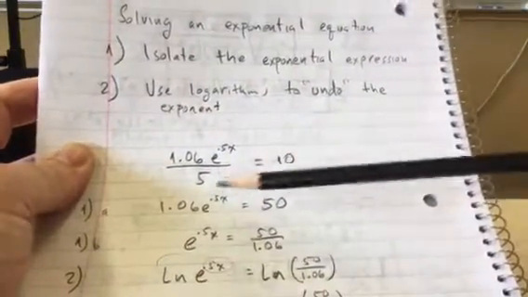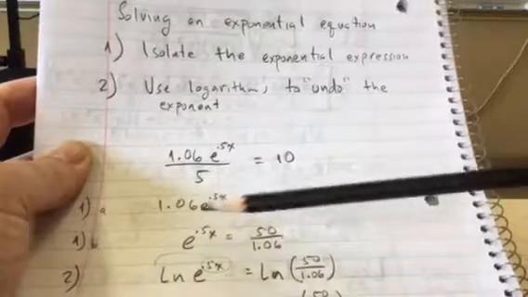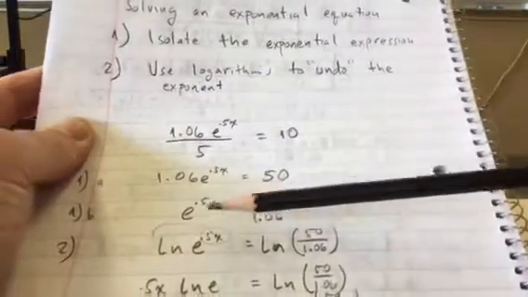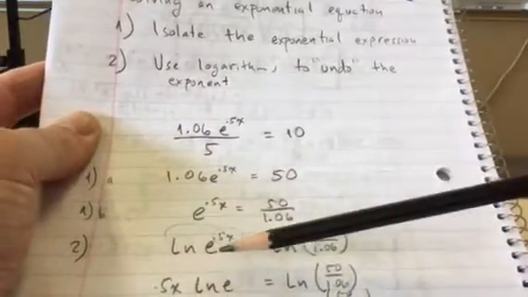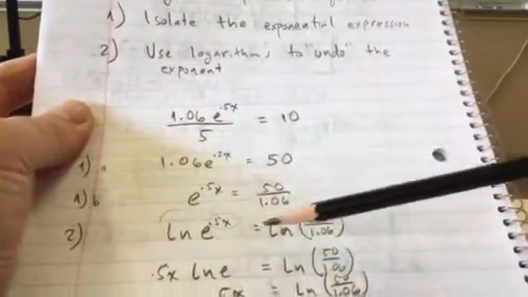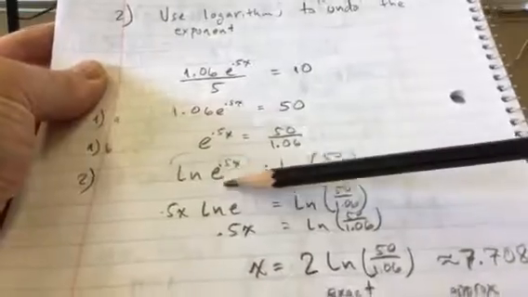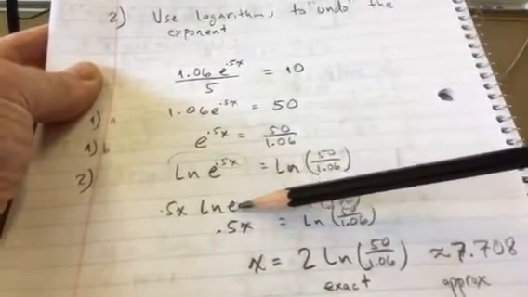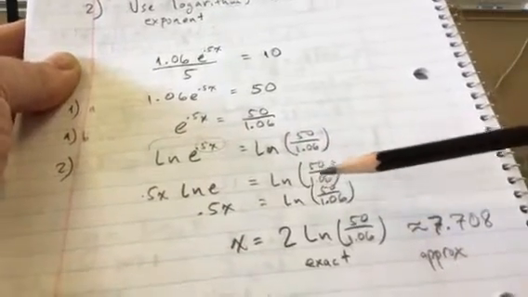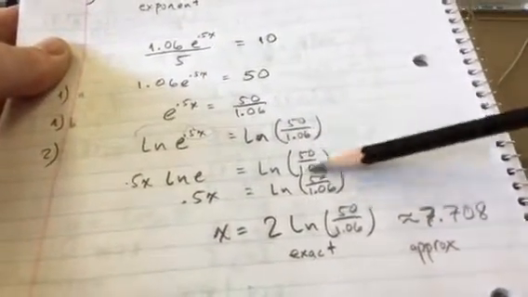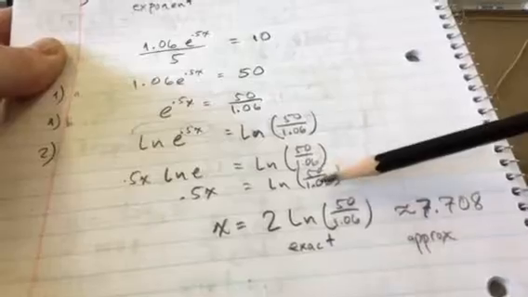So I multiplied by the denominator, I got 50 over here now, and then I divided by 1.06, and so I got e to the 0.5x equals 50 over 1.06. Now I take logarithms, and not before now, but now I do. I'm going to take the natural log, because the natural log of e is 1, and that just disappears. Notice I'm not using the calculator to come up with 50 divided by 1.06.